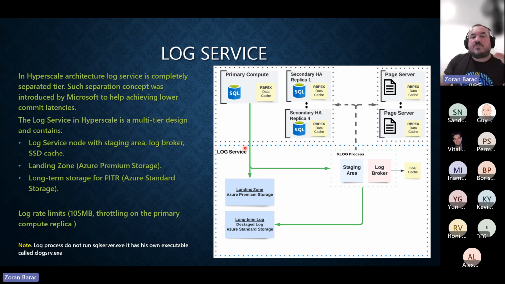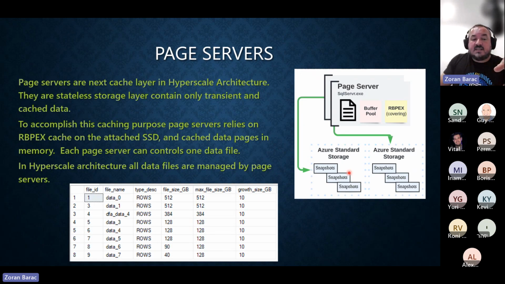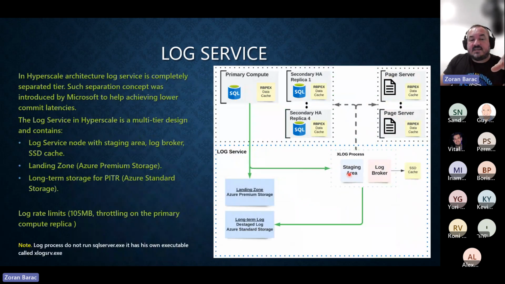Once you start writing data to your database, the primary, fully synced, directly sends that data to the landing zone and sends the data to the staging area. When that log block is hardened and it's done, the staging area is not doing anything until it gets that information back.